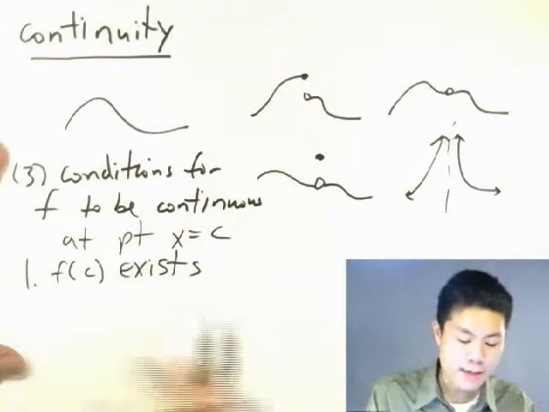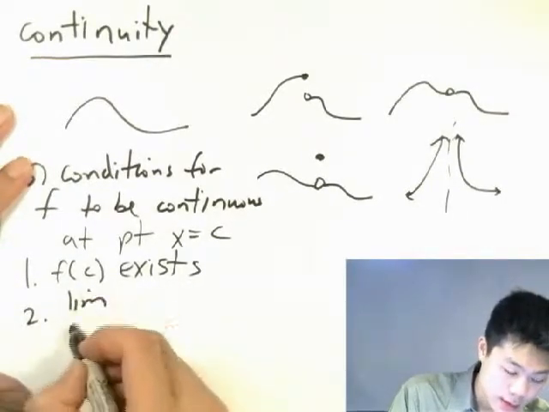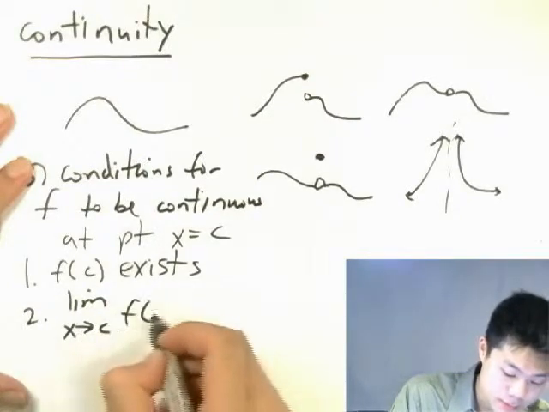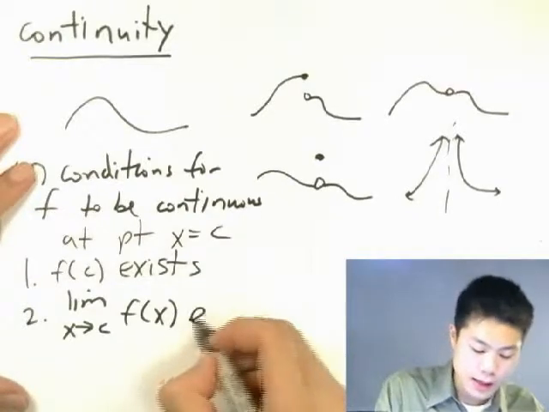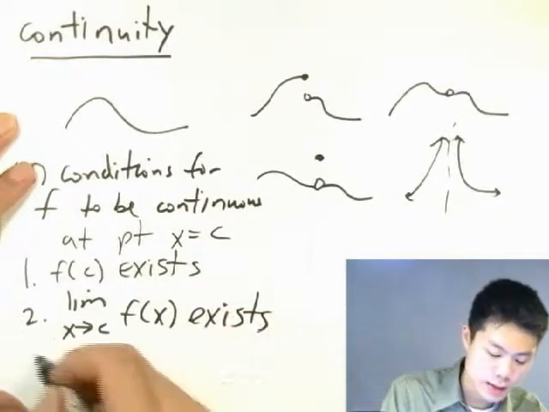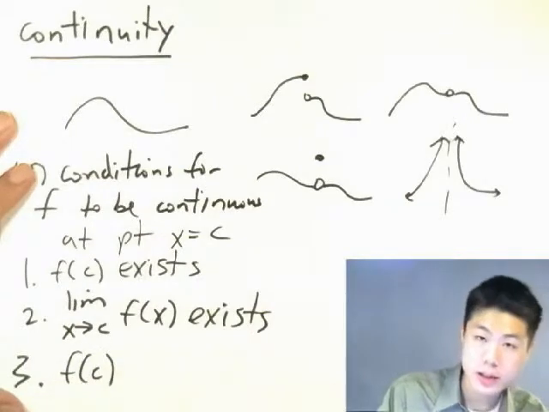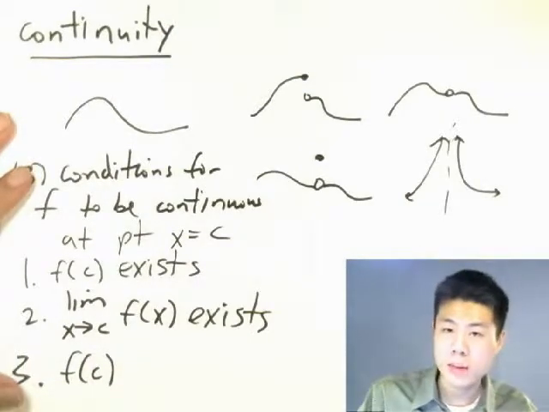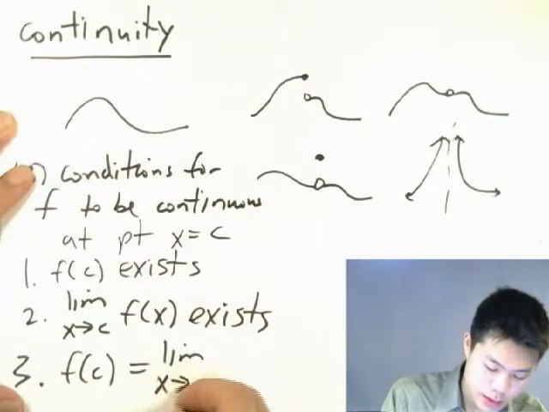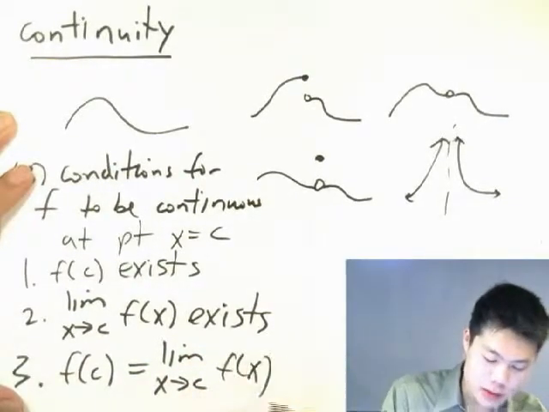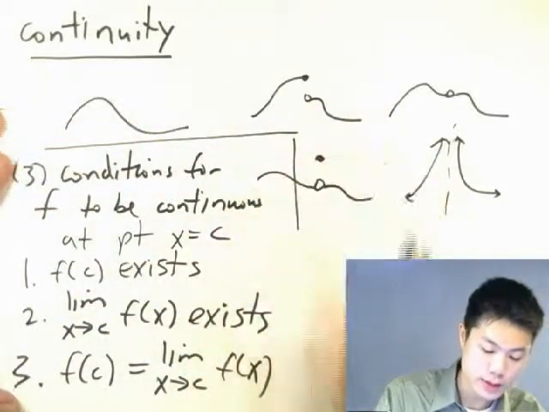So f of c has to exist. The second condition is that the limit of f of x as x approaches c also has to exist. And the third condition is that f of c, the function, has to equal whatever the limit is equal to. So these three conditions have to be satisfied for the function to be continuous.